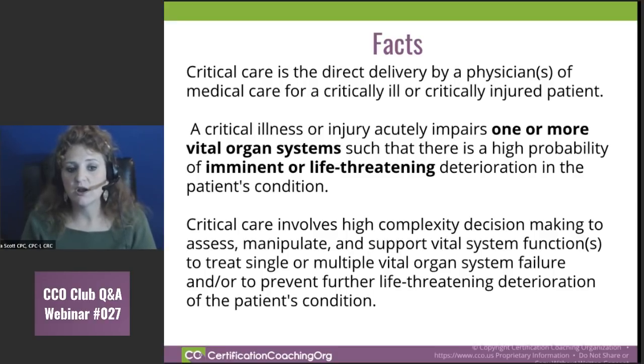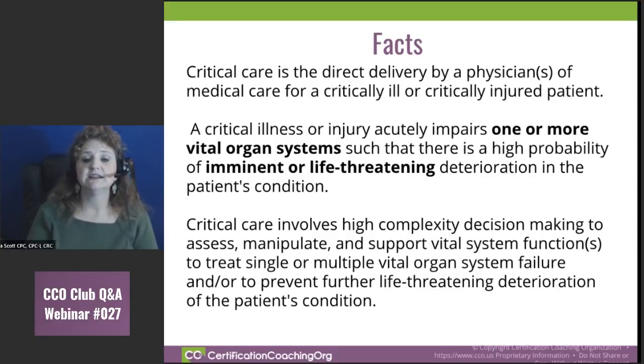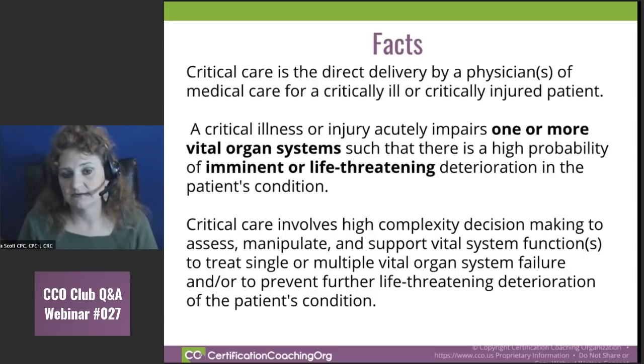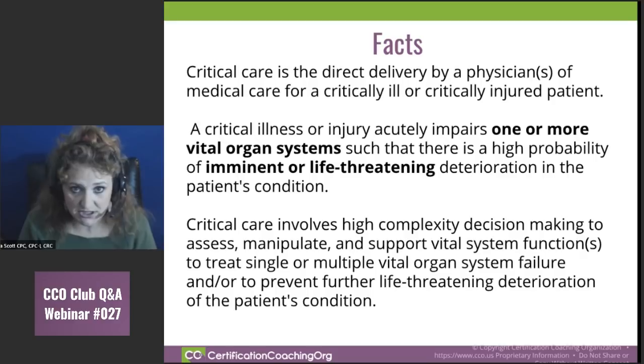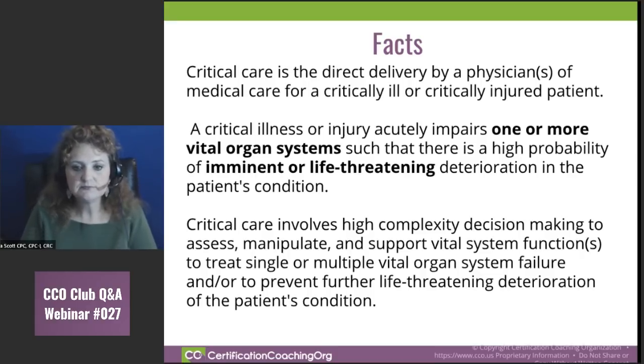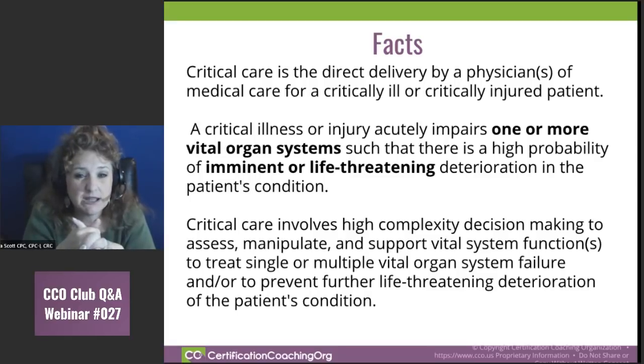They have one or more vital organ systems in failure, right? Or they wouldn't have been intubated. Immediate or imminent or life-threatening deterioration is what you're looking for, and that has to be in the description. And we've got some examples of how the provider verbalized that, and it's excellent. And I think they're really good at probably documenting this.